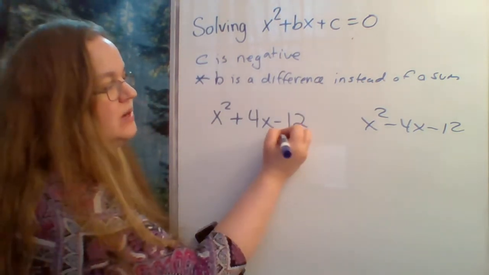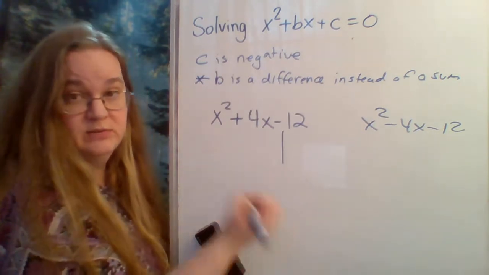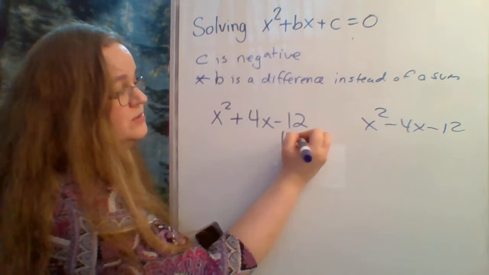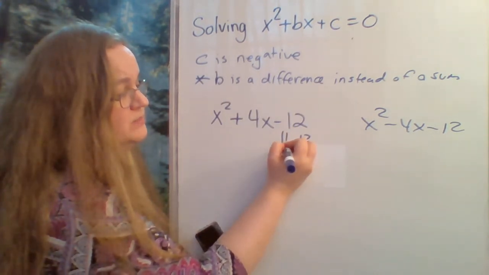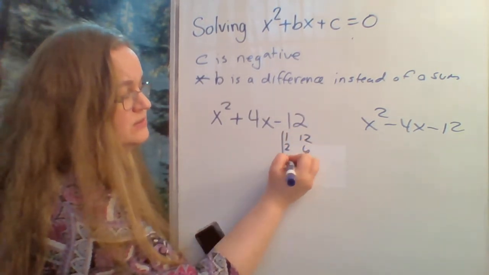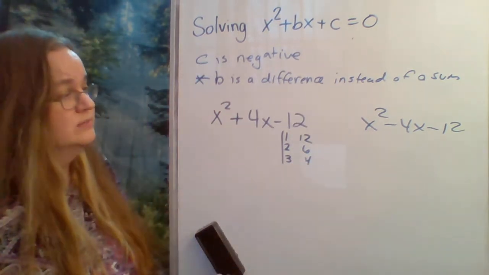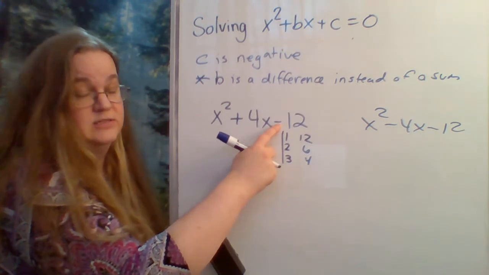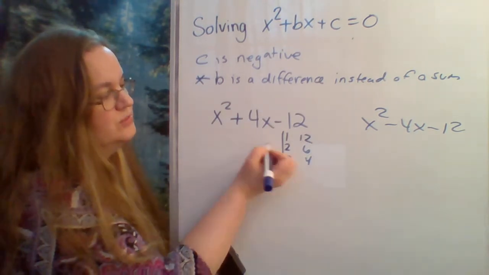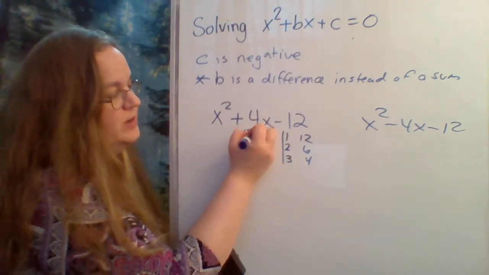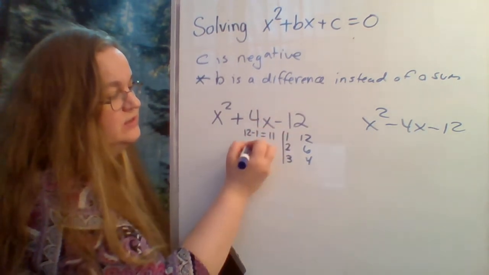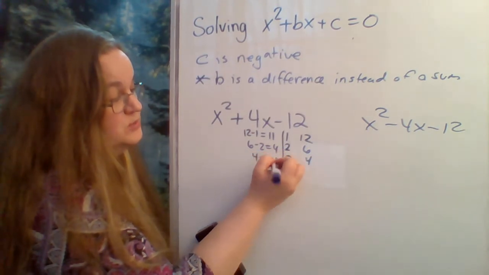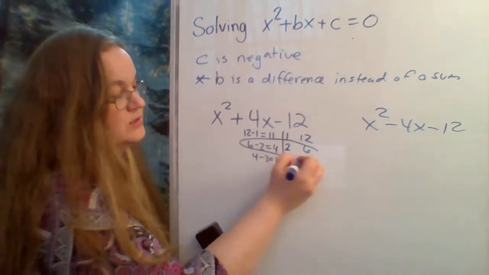I'm going to start out just like I always did with the other problems and look for factors of 12. So 1 times 12, 2 times 6, 3 times 4. Now, instead of finding a sum, because this is a minus, I want a difference. And so when I look at that, 12 minus 1 is 11, 6 minus 2 is 4, which I want, and you can see 4 minus 3 is 1. This is the one that works.